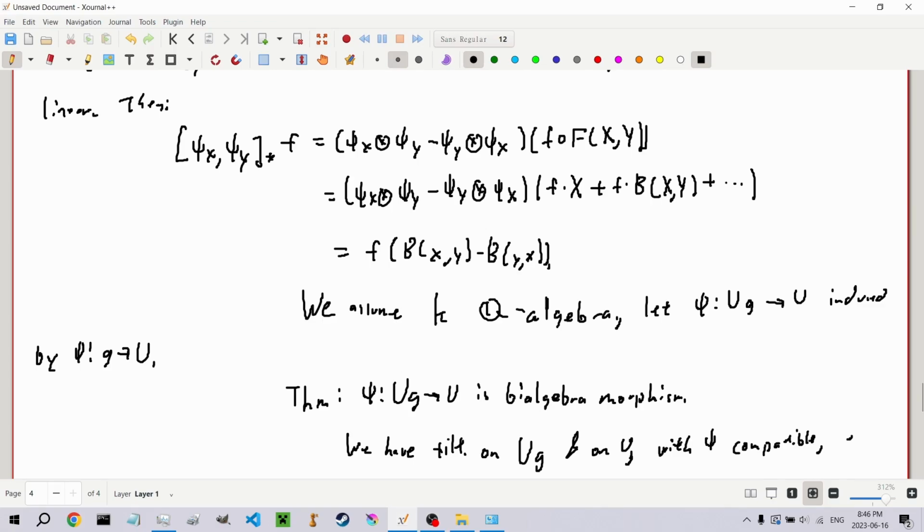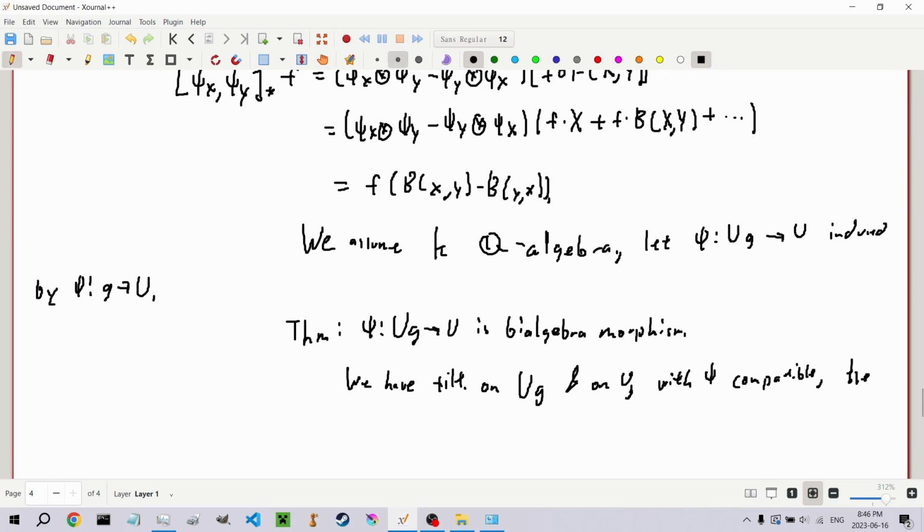And the filtration on U of G, or alternatively just U, is separated, exhaustive, and makes U of G, or alternatively U, discrete.